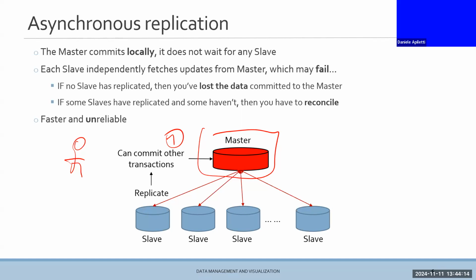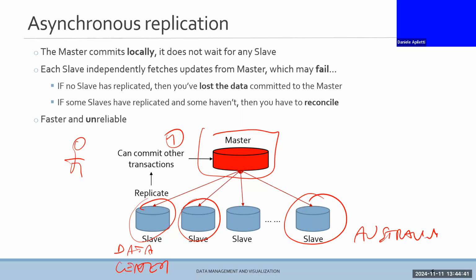Okay? Instead, you don't wait for the faraway slaves because all the slaves in the slides are on a row, but actually one is here in the same data center, okay, the first one. Then another one is in Italy, okay? And this is in Australia. The last one is in Australia, okay? And this is in the same data center, so there is a lag here.